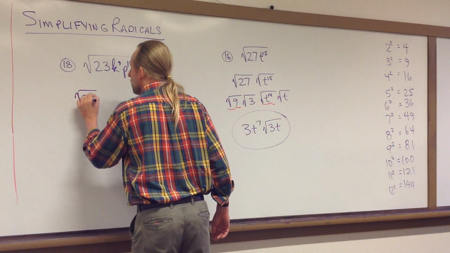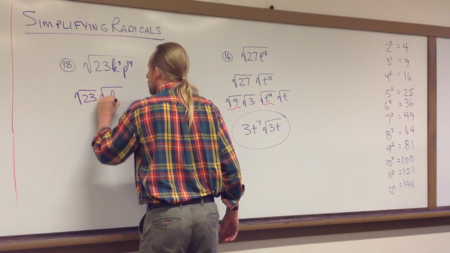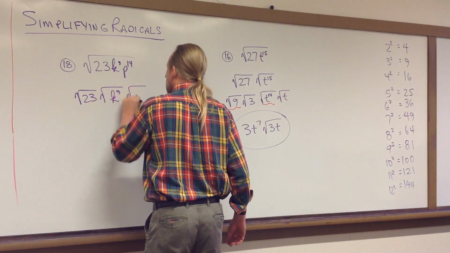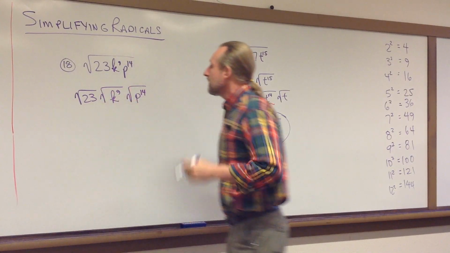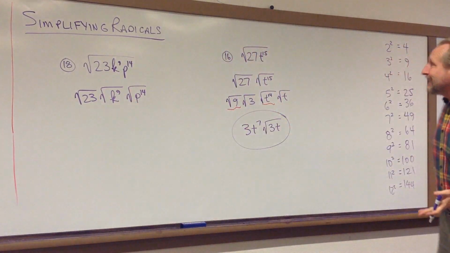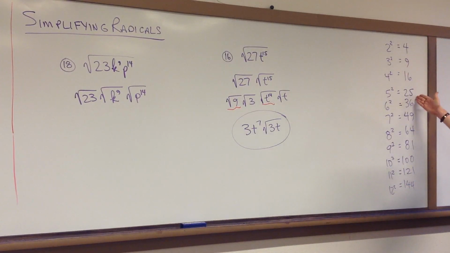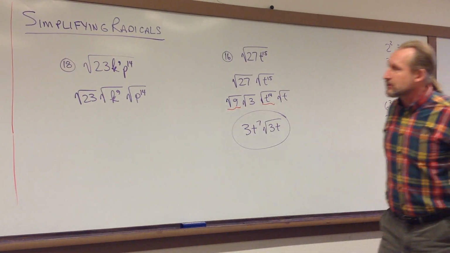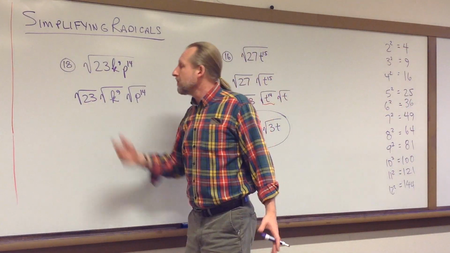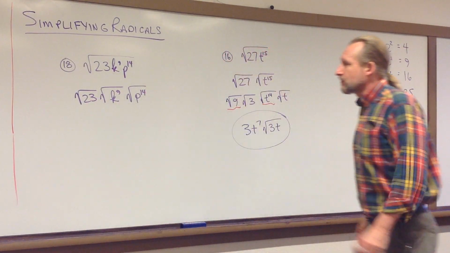Here we'll have the square root 23, square root k to the 9th, and square root p to the 14th. Now, 23 is not divisible by any of these numbers. You're not going to go past the 16, really, and it's not divisible by 4, 9, or 16, so it's just going to stay the way that it is. In fact, 23 is a prime number, so it's going to stay underneath the square root.